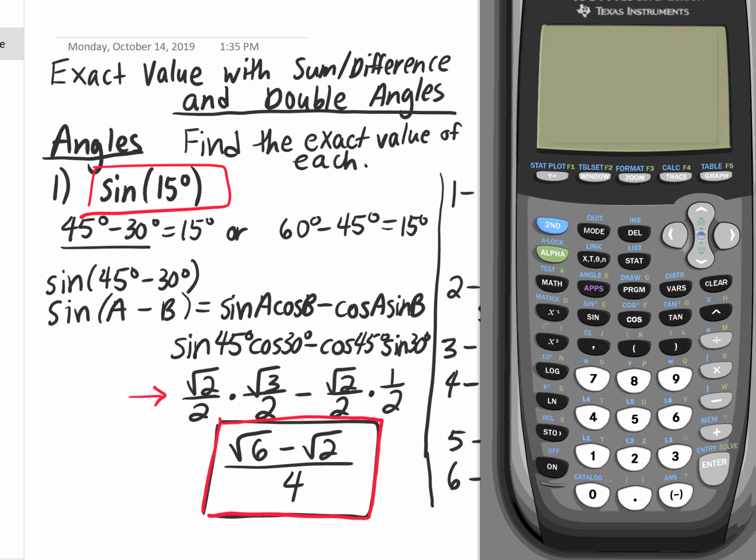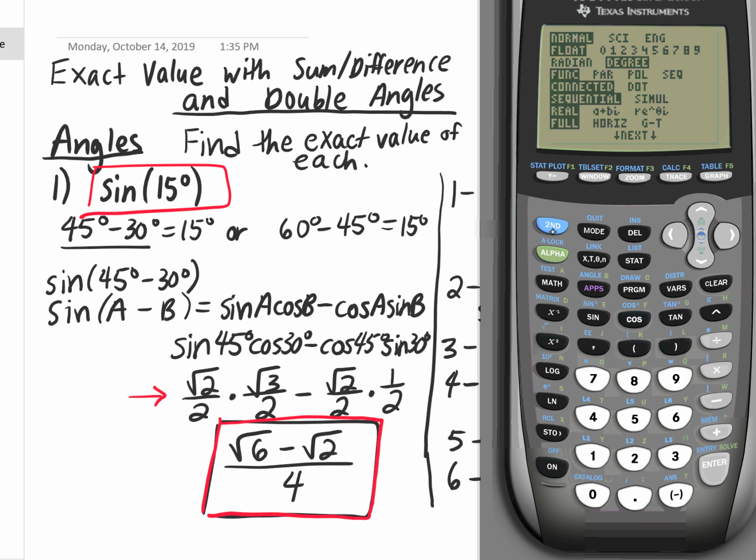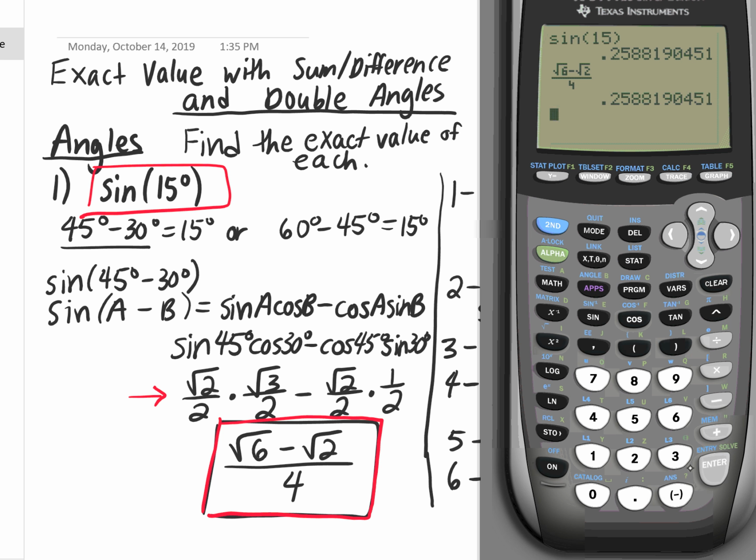So if you head over to the calculator and just make sure you're in degree mode, which I am, plug in sine 15, and then plug in, you can even use your alpha y equals, root 6 minus root 2 over 4. And they come out to be identical, so there's a nice way that you can check your answers here.